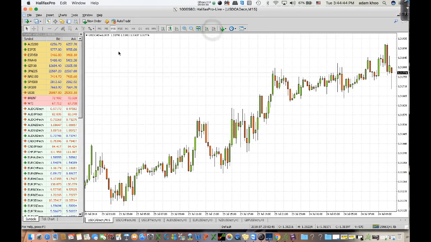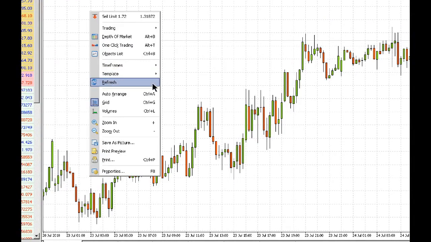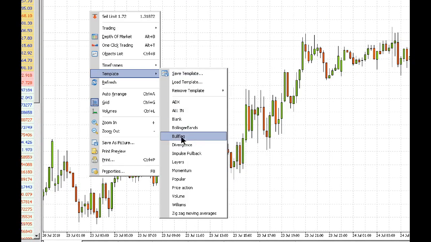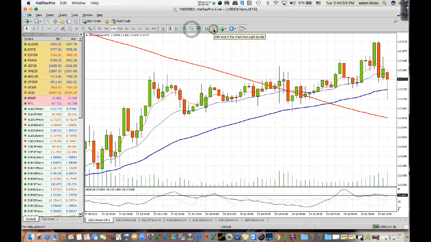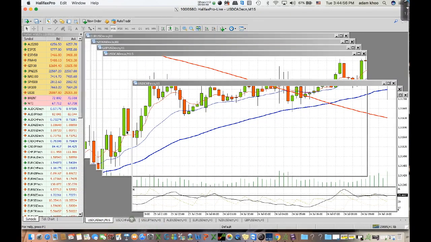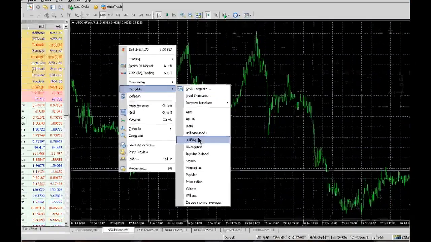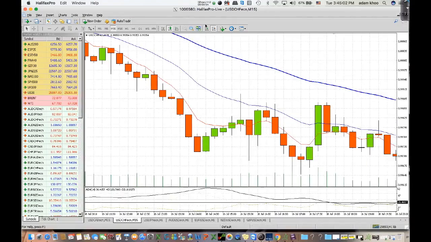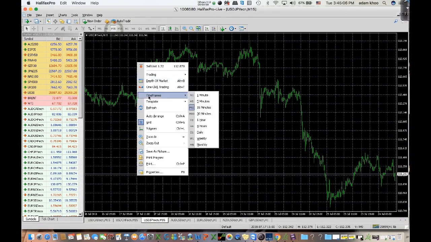All right, and again, I'm gonna put in my settings. So for example, I'm looking at trading the bull flag. Okay, so next one, same thing, M15. Look at bull flag setup. Dollar yen, M15. Now, of course, it depends on your strategy.